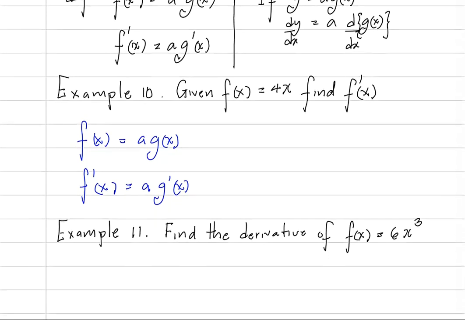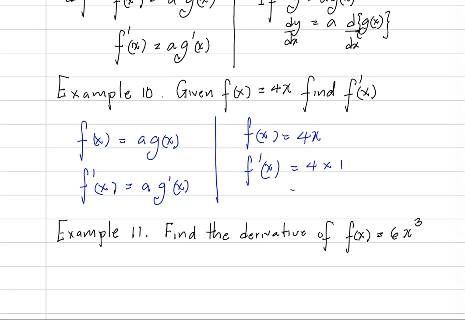So let's have a look at an example. All right, example 10. In example 10, we're told that f of x is equal to 4x. Now, f prime of x is going to be 4 times the differential of what? X, but the differential of x is 1.